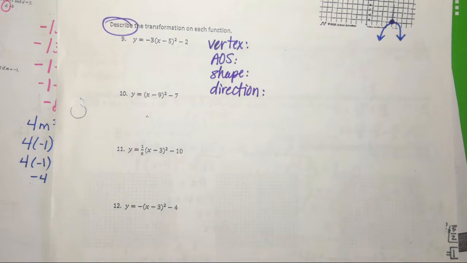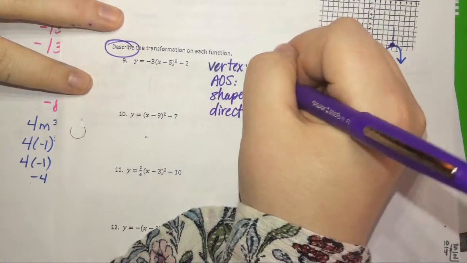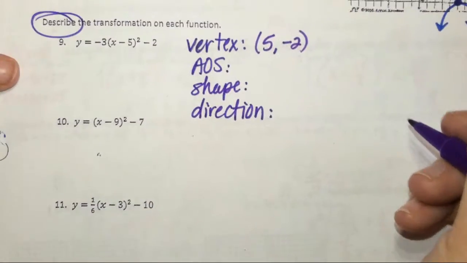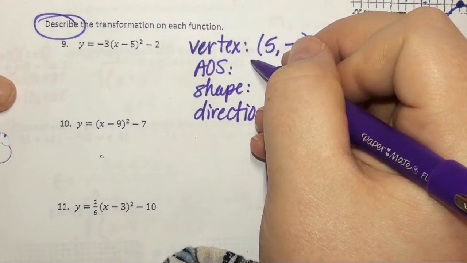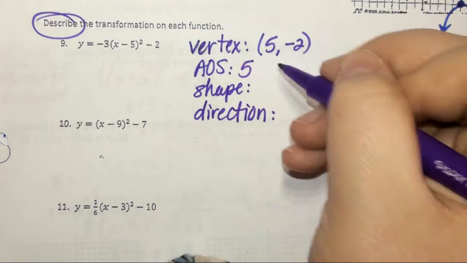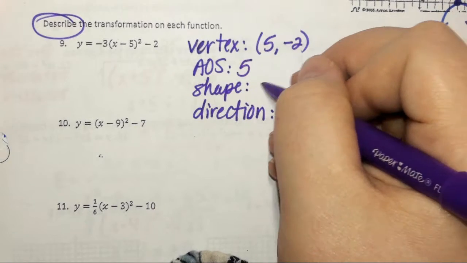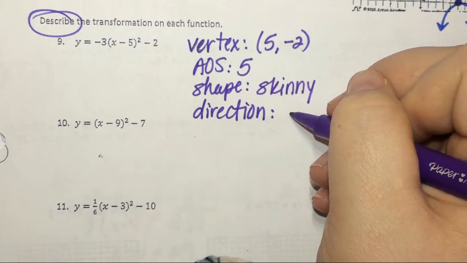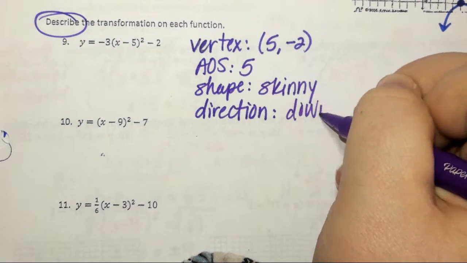What is a vertex? Can you fill in the rest of it for me, Ellie? It's 5. Okay, the shape. Because of the 3, yes. And the direction? Okay.